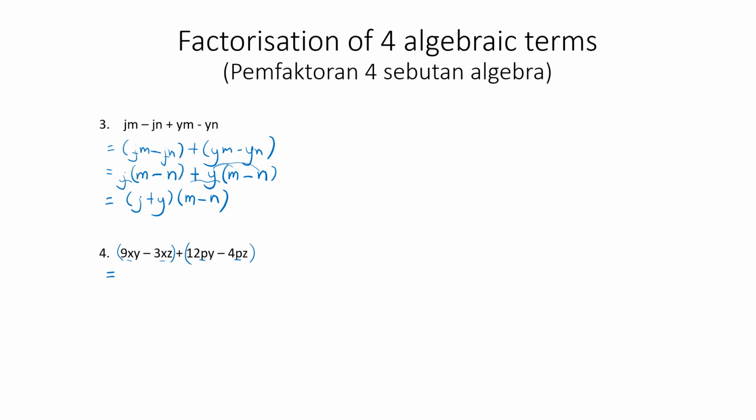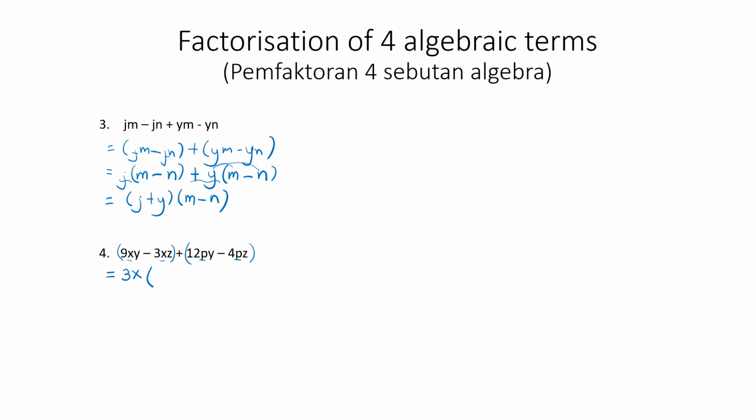So not only the common term is x, I can have a common factor for 9 and 3. So the common factor is, the highest common factor is 3. So 3x. This is a faster way to do it. In one step, you can factorize everything.